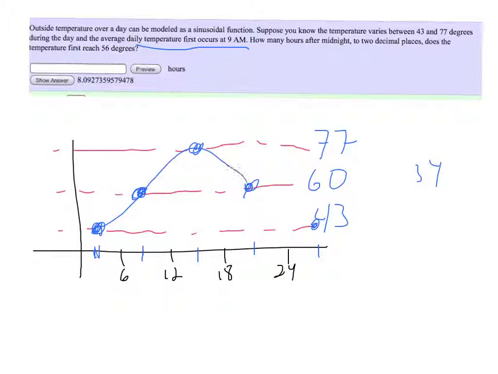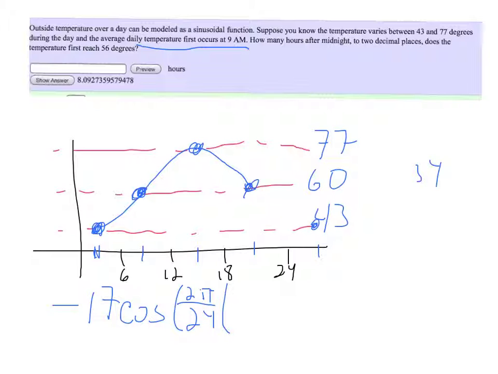So I'm seeing another shifted, reflected cosine function. We know the amplitude is 17, so negative 17 cosine. And we know the period is 24 hours, so 2 pi over 24.